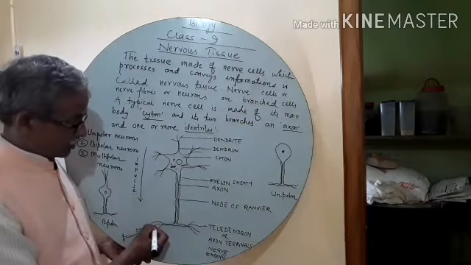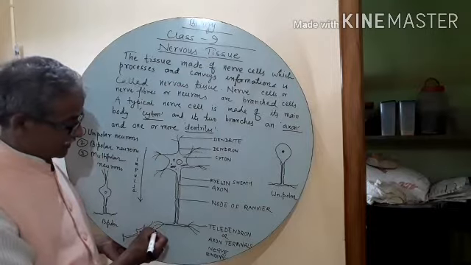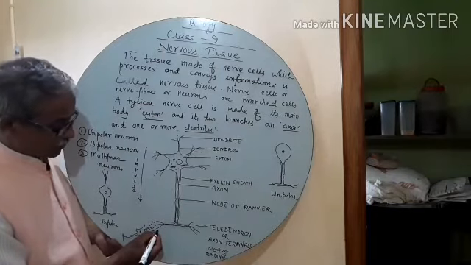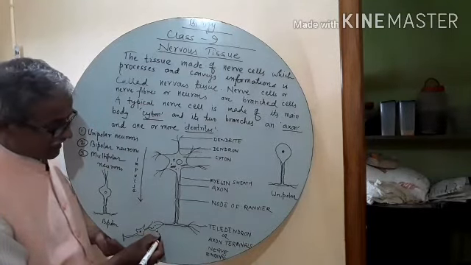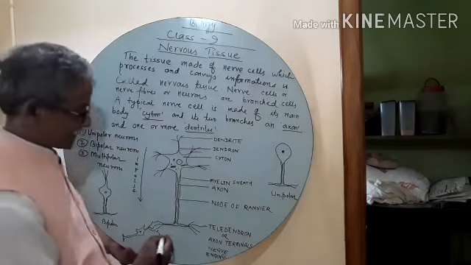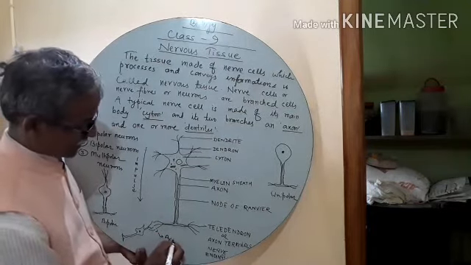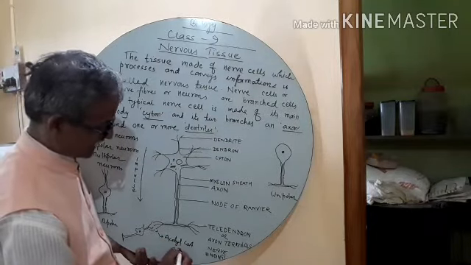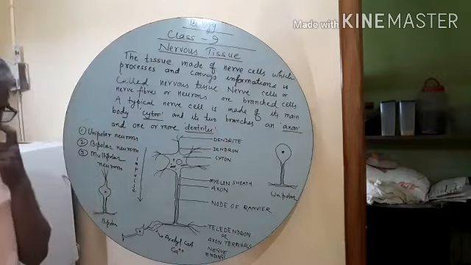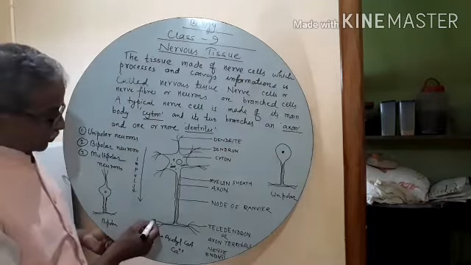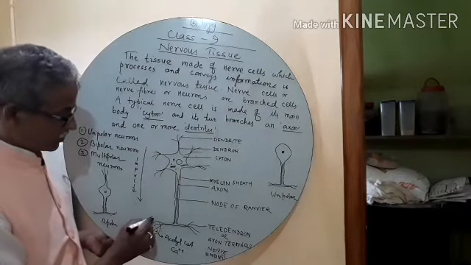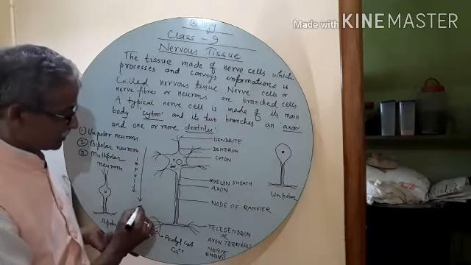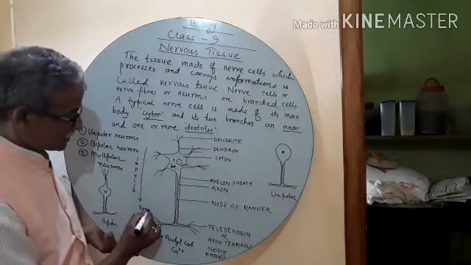From the axon terminal to the dendrites, the information goes with the help of a chemical, acetyl coenzyme A, and calcium ion. This close contact of the axon and dendrite of two nerve cells is called synapse.